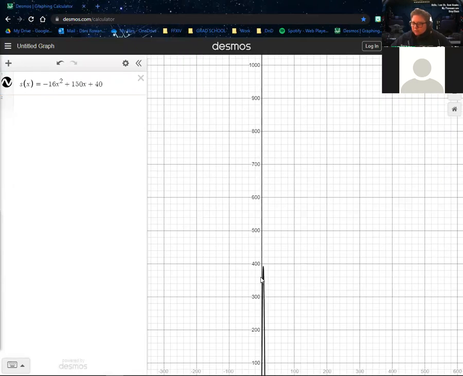Zoom out enough, click it, and there you go. This one's rounded to 3 decimal places. Again, if you're using a graphing calculator, y equals, type it in, hit graph, second calc, maximum, trace it to the left bounds, trace it to the right bounds, and you're going to come up with the same answer.